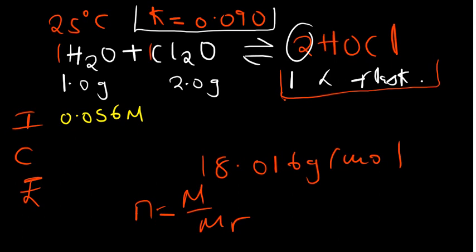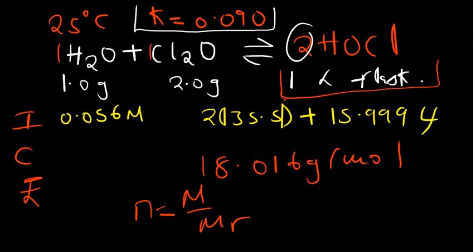No, okay. I have not forgotten. So 2 multiplied by 35.5, then oxygen is 15.994, if I'm not mistaken, something like that. So what are we going to have as a molar mass for that reactant?